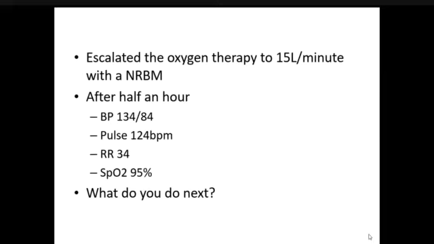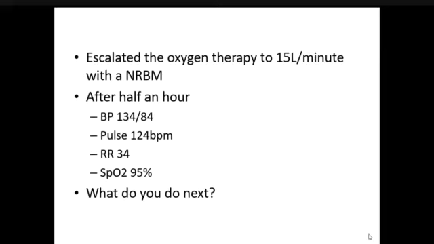Then we can continue oxygen 15 liters per minute with NRBM, and depending on the patient situation, we have to monitor this patient. Then if the saturation drops further, then of course we have to escalate further, right? So we can't go further with our normal oxygen NRBM. Then of course you have to go for high flow CPAP beyond this point. Or if the patient is okay, then of course you can gradually reduce the oxygen treatment.